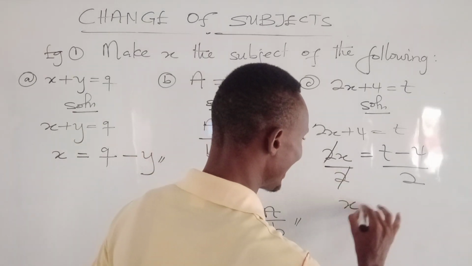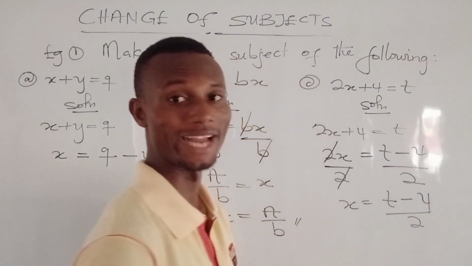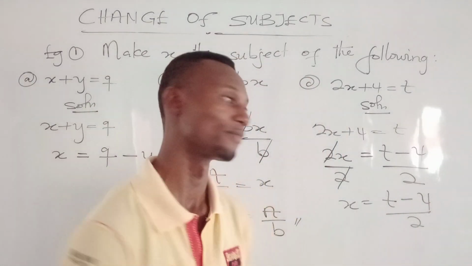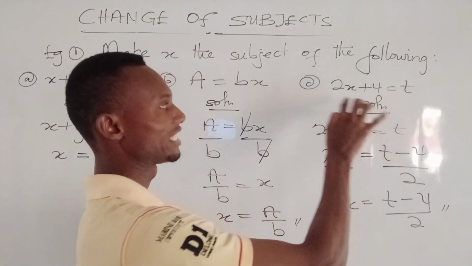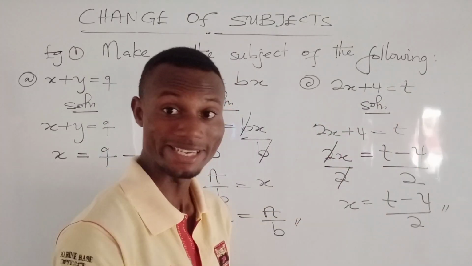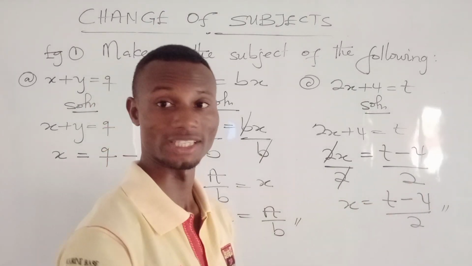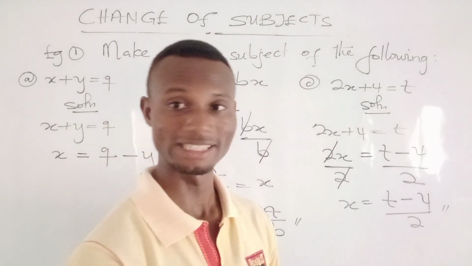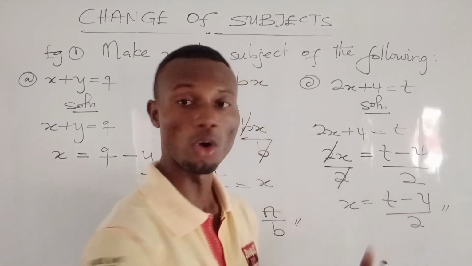Then we have our s equals t minus 4 all over 2, and this is our final answer for making s the subject of this equation, which is 2s plus 4 equals t. You can see that s is standing alone from this equation.